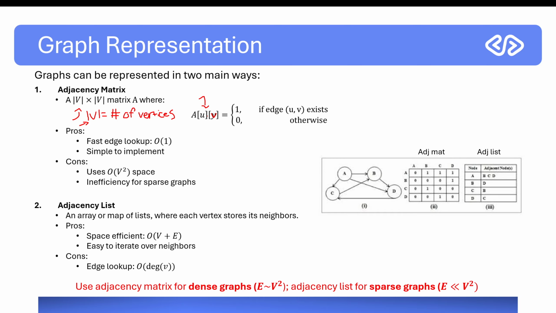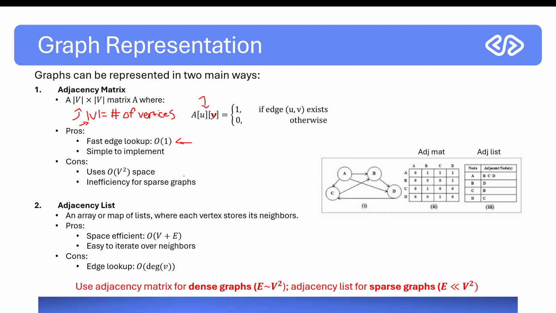So at some edge UV, if it exists, we're going to say it's a 1 in the adjacency matrix and 0 otherwise. So that's going to tell us if an edge exists. So if you go to that location and it's 0, then you know there's no edge there. So this is very good because you can have O of 1 lookups because it's going to be an array. And it's very simple. Again, it's just a V by V array.